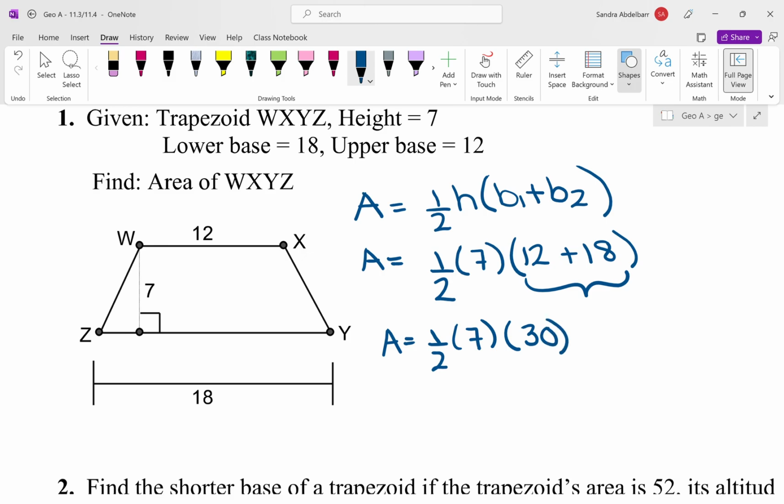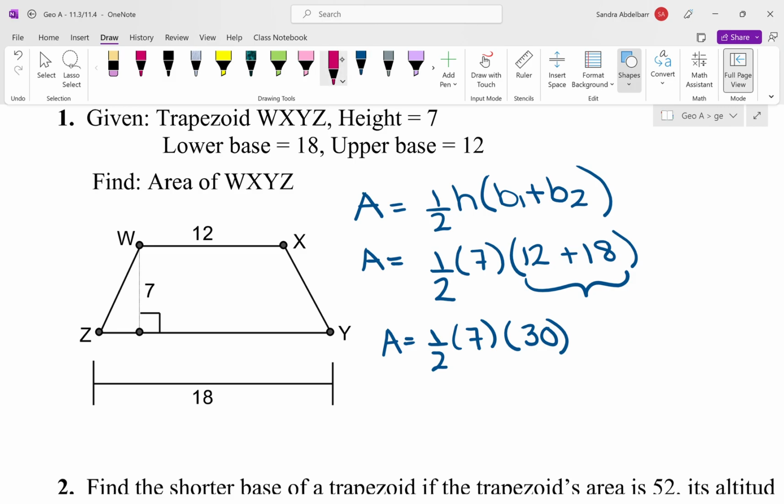So now I keep talking about this strategy that I use, right? This is all multiplication now. No more plus signs. Do we agree? No more plus signs. So it's half times 7 times 30. Isn't multiplication commutative, meaning you can multiply in any order? So instead of doing half of 7 and getting 3.5, which is not nice because it's a decimal, I'm going to do half of 30, half times 30, because that's an even number.